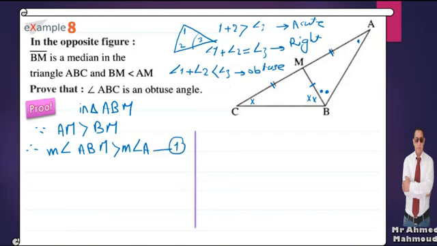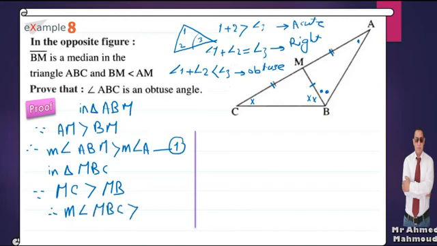Okay, in triangle MBC, since MC is greater than MB, therefore the measure of angle MBC is greater than the measure of angle MCB. This is number 2.